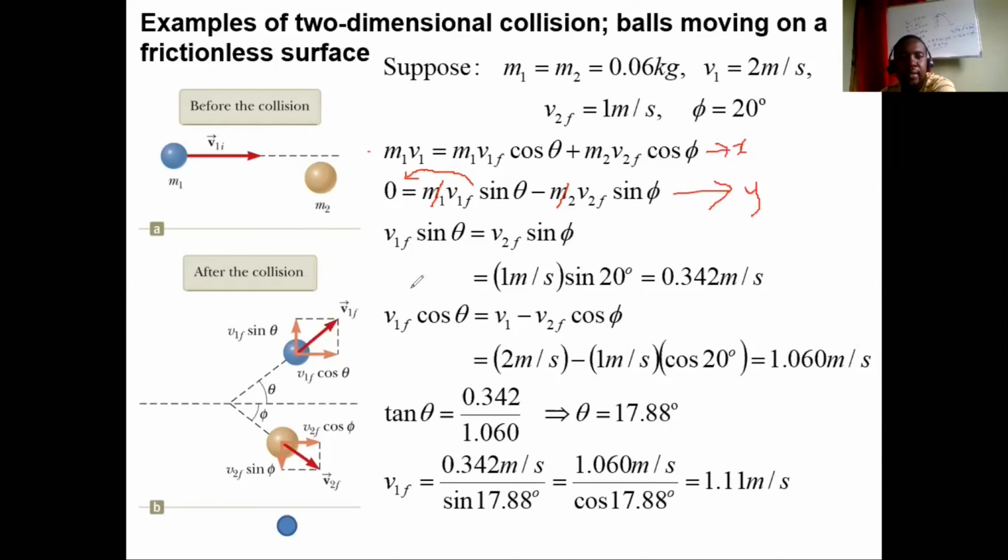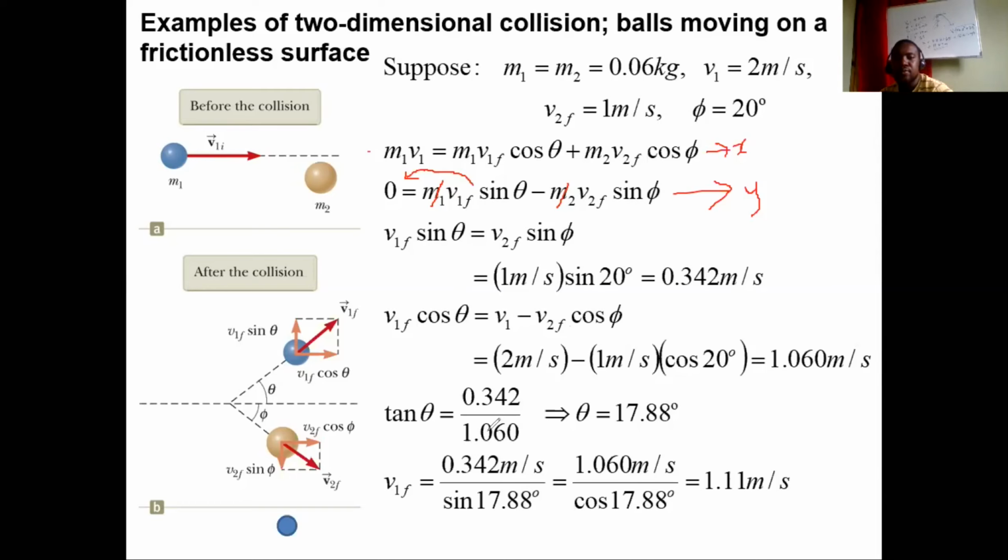And that tells us that V1f sine theta gives us this value. So now we go to the x plane and we generate that V1f cos theta is equal to V1 minus V2f cos of your angle.